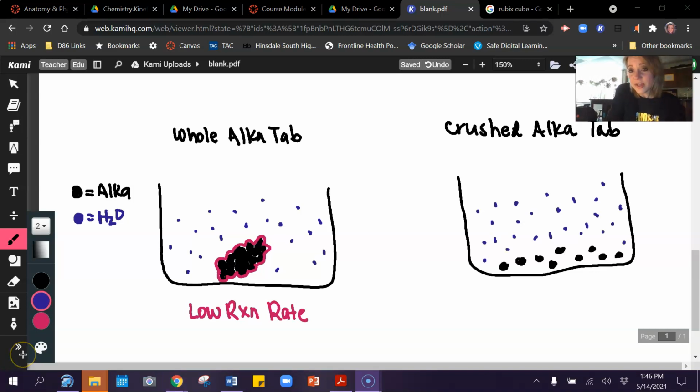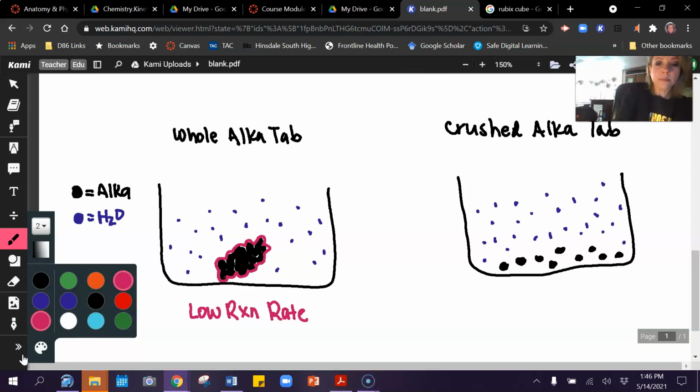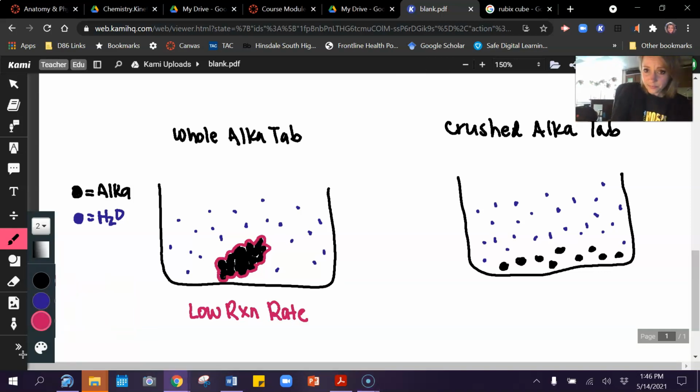All right, so on this side, I drew my ground up Alka-Seltzer, and because I took that Alka-Seltzer and ground it up into little pieces, I've got chunks that are going to be separated from each other, and that's what these black dots are at the bottom of my beaker here. And again, my water molecules are these little blue dots, but look at what happens. Now I have all of these surfaces that I'm just drawing in this raspberry color.